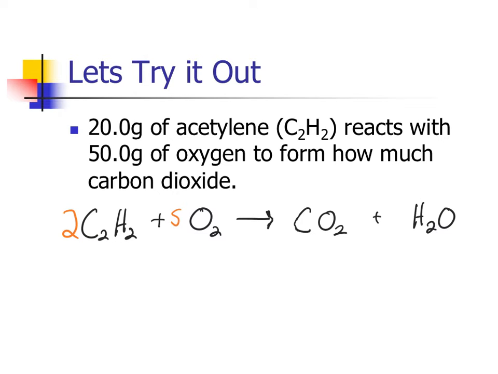I would need 5 there. I had a 2 in front of my carbon dioxide, which now means that I need a 4 there, and then I would also need a 2 there. And therefore I should have my chemical reaction completely balanced.